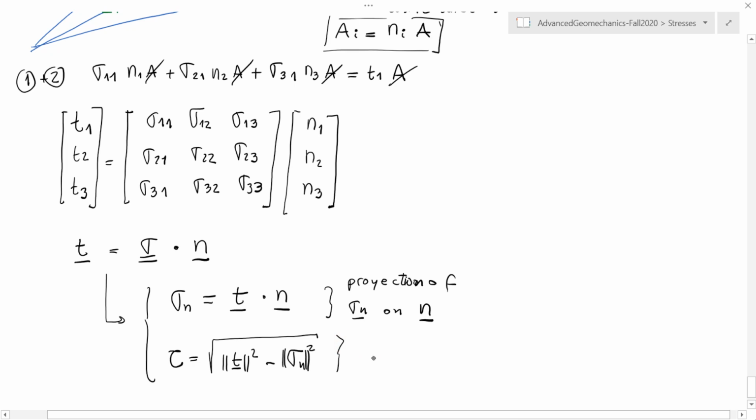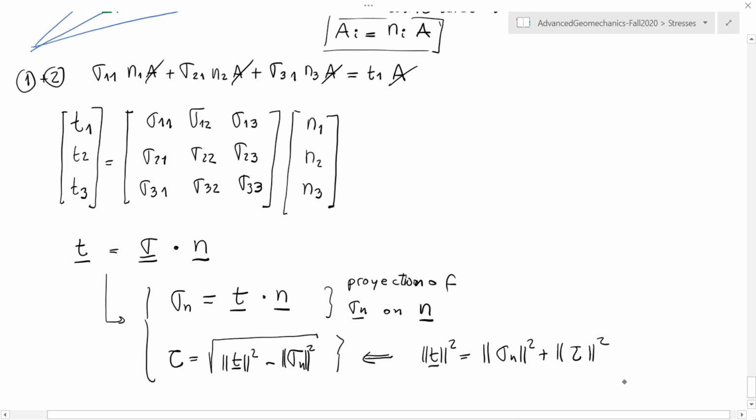And this equation comes from the Pythagoras rule and the vectorial summation, in which the magnitude of t squared is equal to the magnitude of sigma n squared plus tau squared.